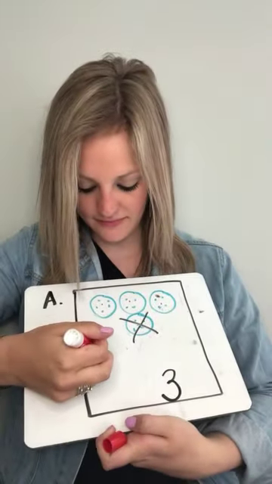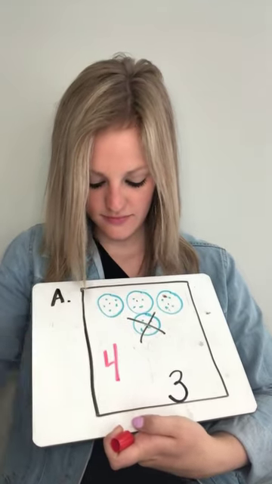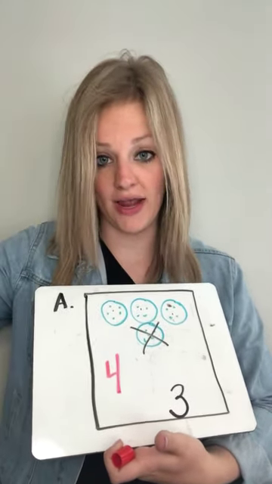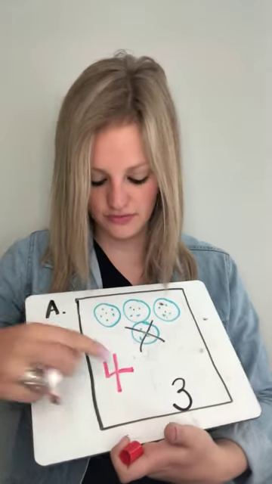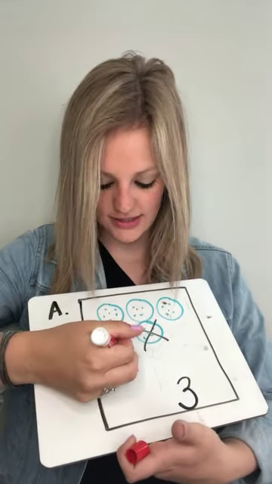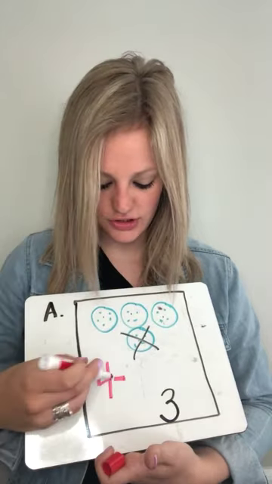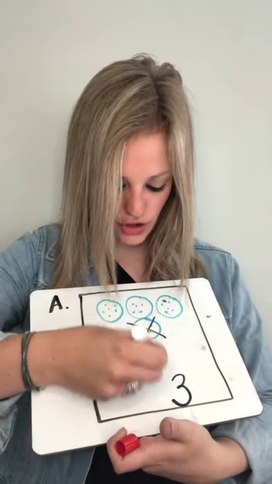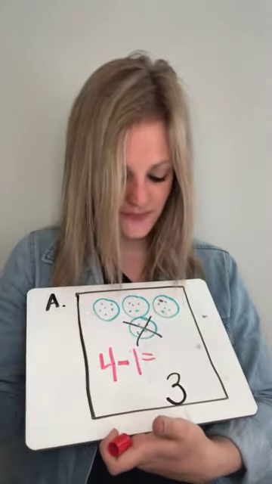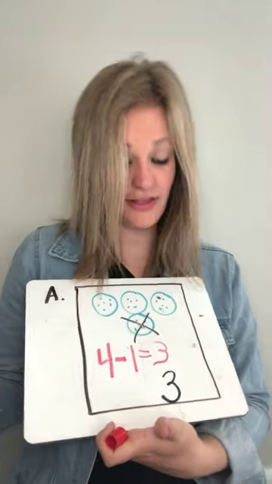I'm going to show you what this looks like with numbers. Now you don't have to write the numbers, but I'm just going to show you, okay? So you had 4 in the beginning, and you took away 1. A subtraction sign is just a line. I won't connect it to the 4 so it doesn't look confusing. And you took away 1, so you ate 1, equals 3.